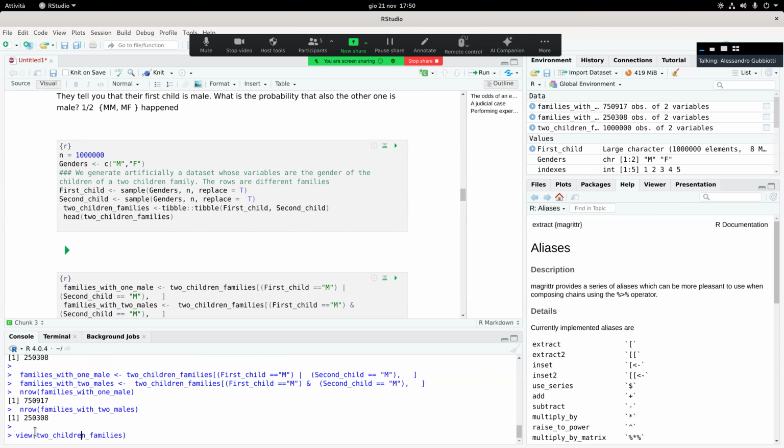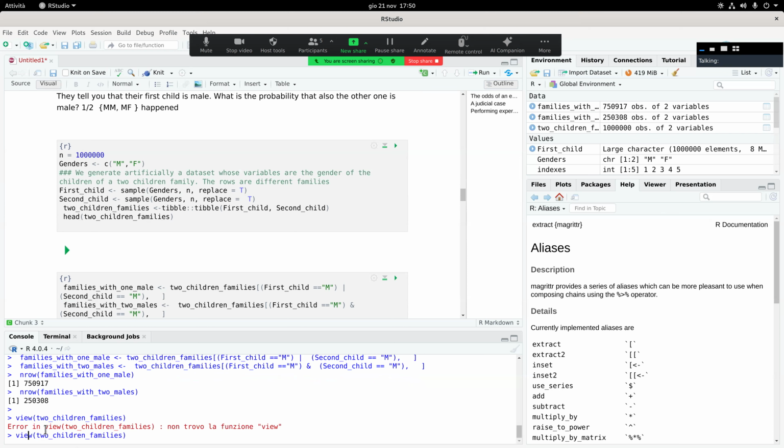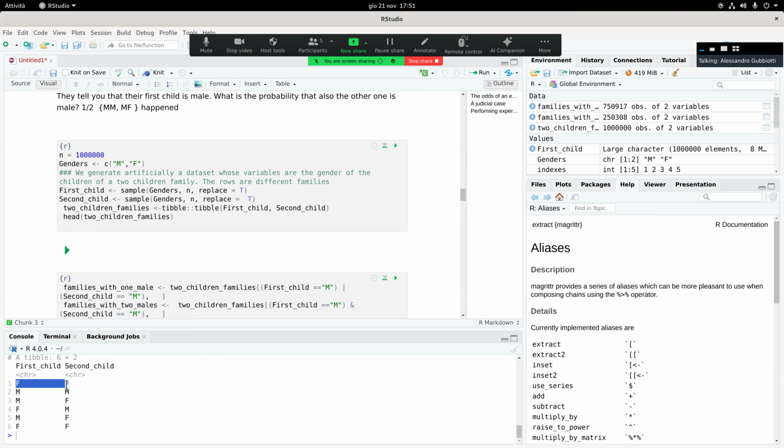Let's visualize the head of the children families data set. It is a data set which contains the genders of their children.